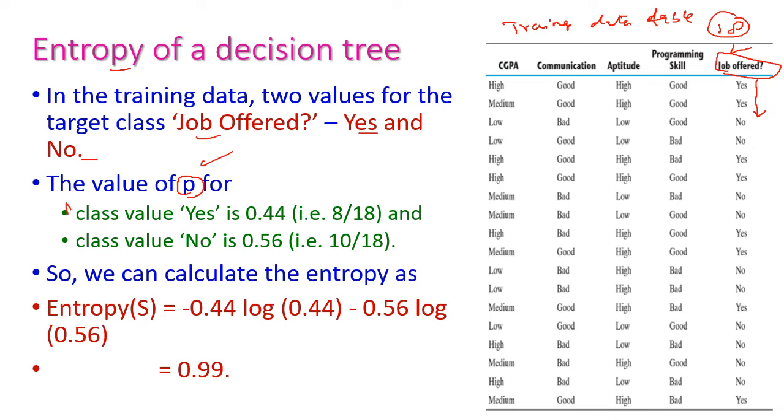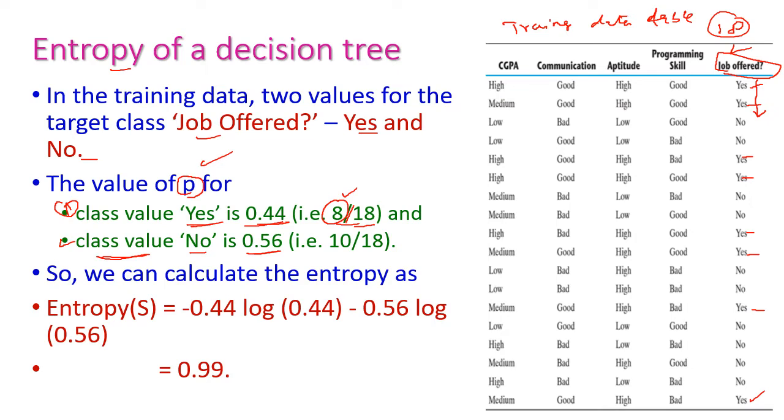First let us take the yes records: in the total 18, 8 records have yes value, 1, 2, 3, 4, 5, 6, 7 and 8. So the value is 8 by 18, 0.44. And next, the class value no is 0.56.